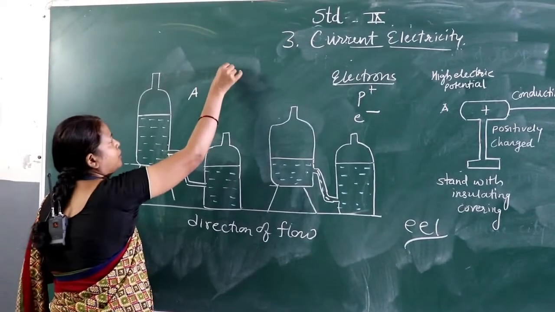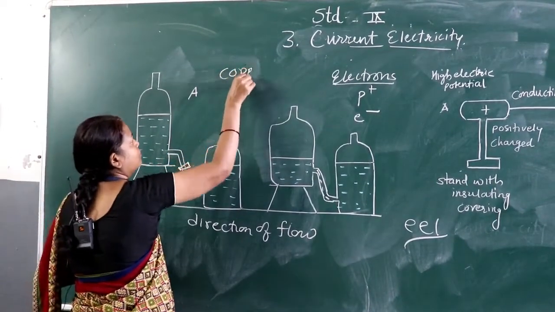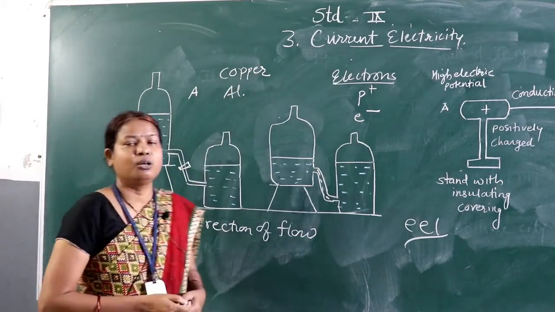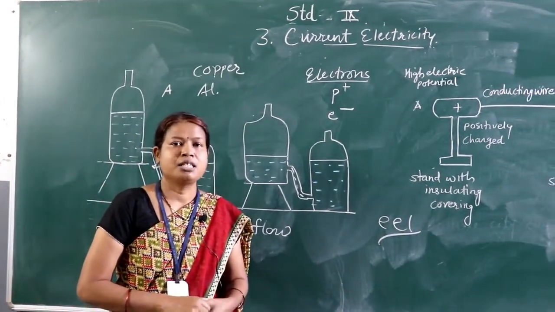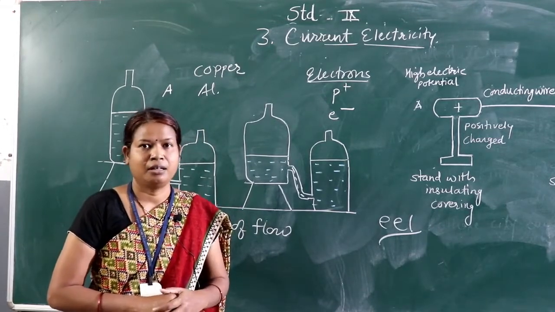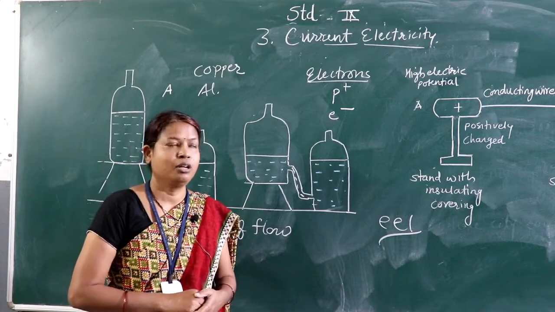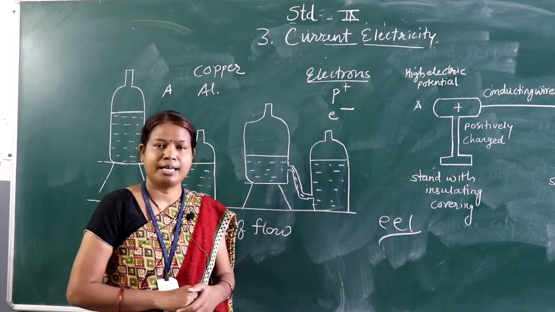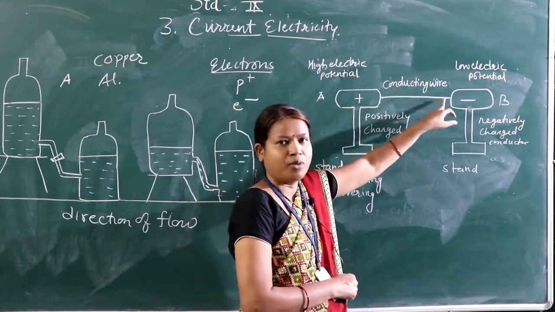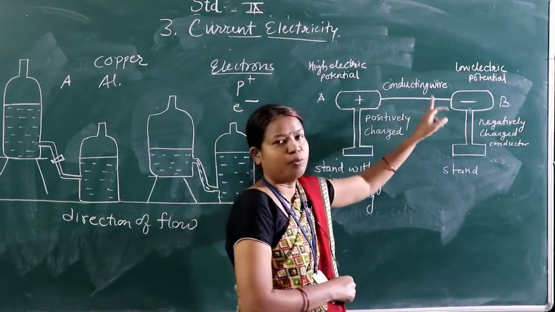you all know that copper, aluminium and silver are good conductors of electricity. Similarly, insulators are those substances which cannot carry electric current, meaning there is no flow of electrons. For example, wood, plastic, etc. Okay, so here we have a conducting wire. We can say that this wire is made of copper.